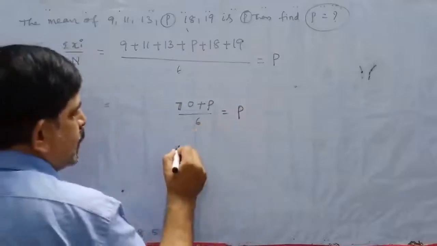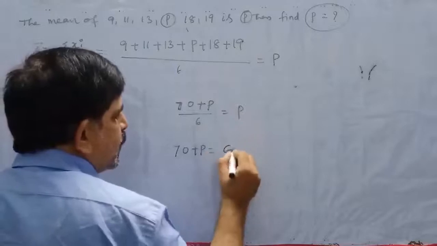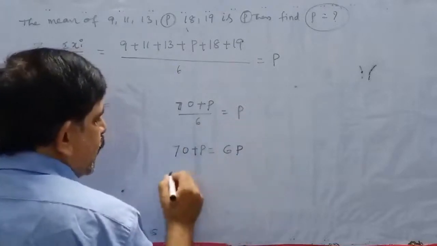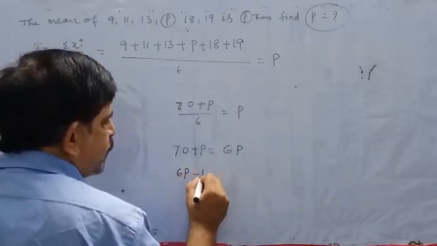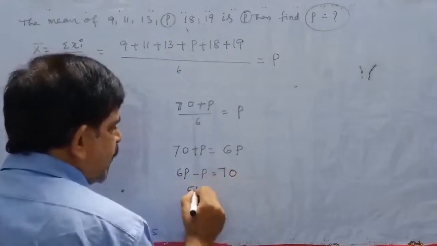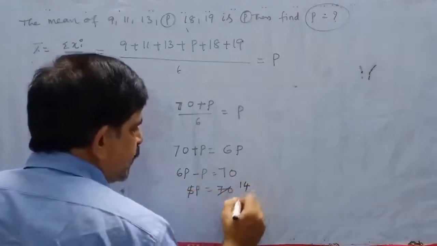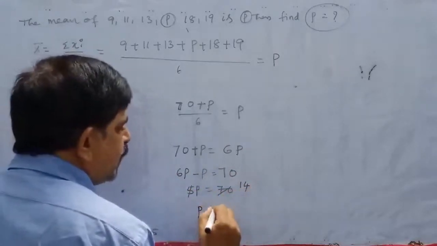Now 70 plus p is equal to, by cross multiplication, 6 into p, 6p. Now 6p minus p is equal to 70. 5p is equal to 70. 5 1s are 5, 5 14s are 70. P is equal to 14.